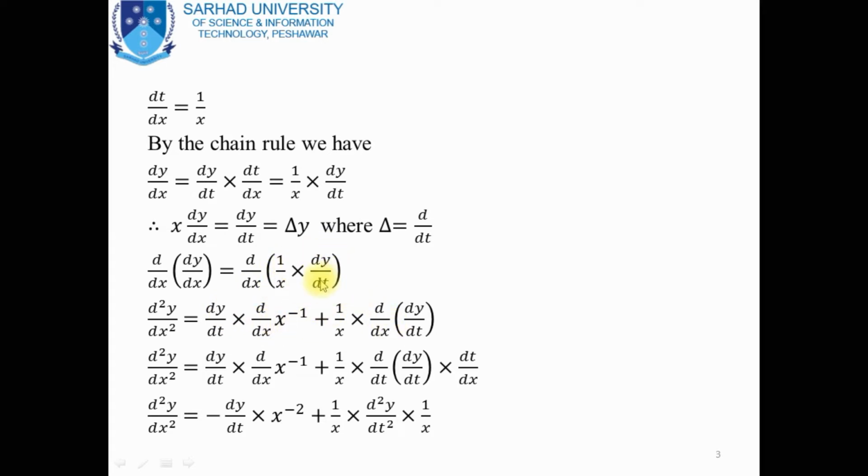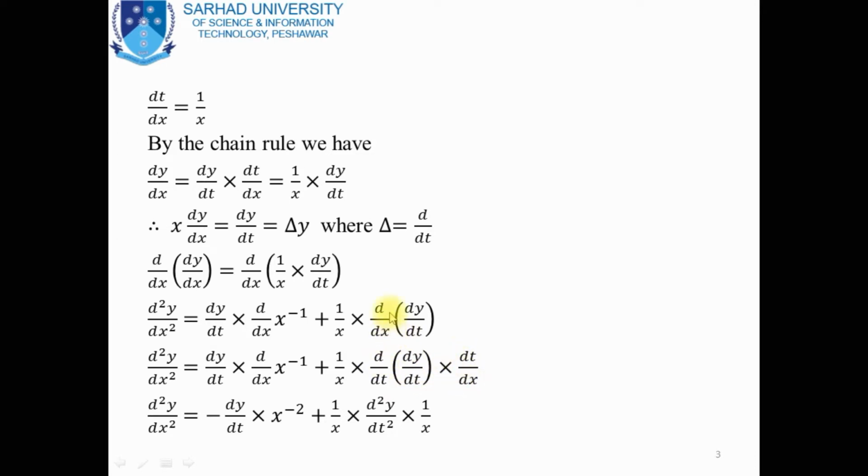Here dy/dt is the first function and 1 over x is the second function.